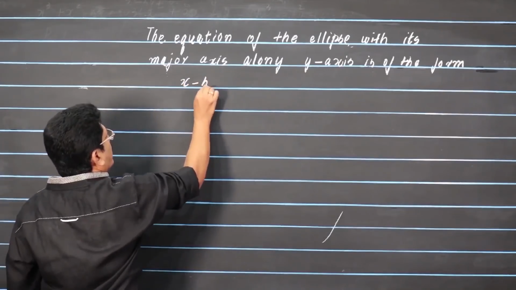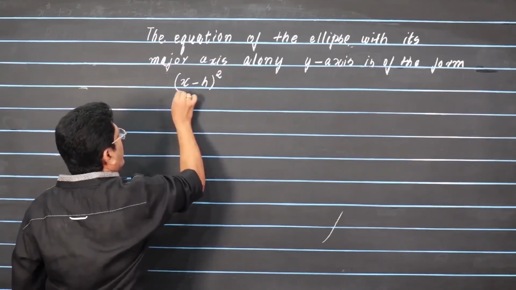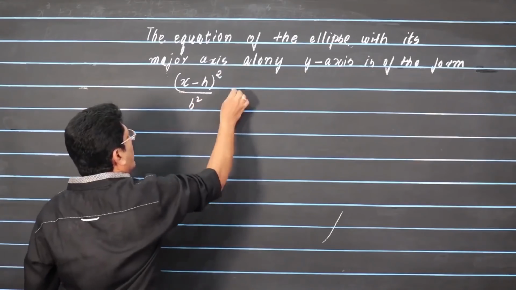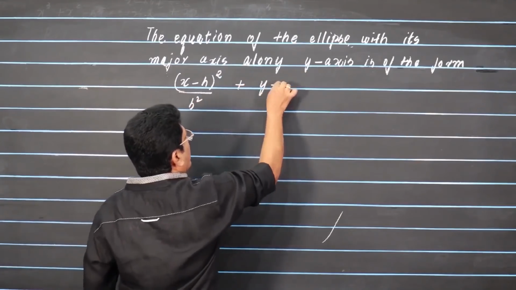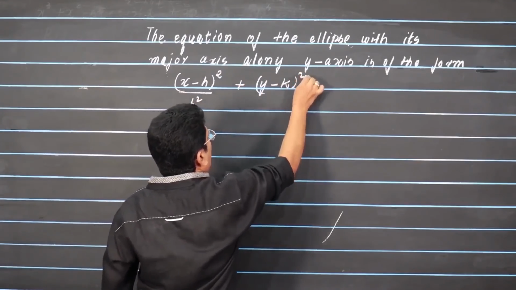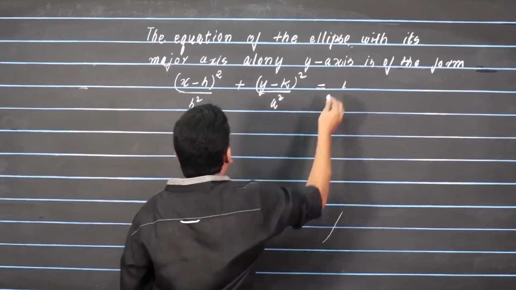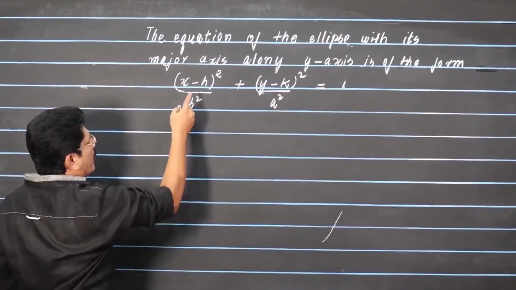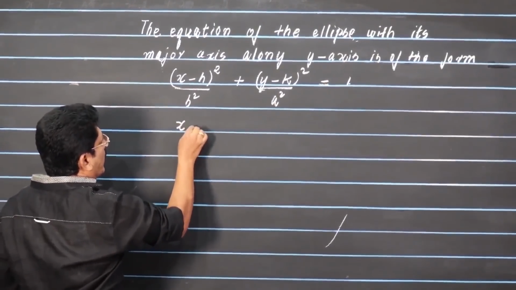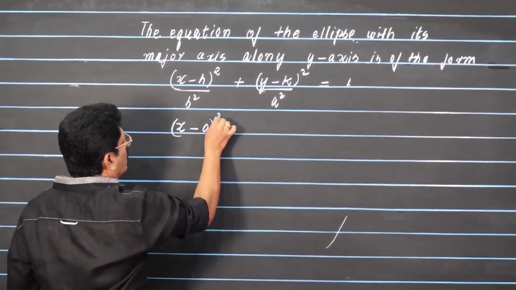The equation is x minus h the whole square by b square plus y minus k the whole square by a square equal to 1. The value of h is equal to 0. X minus 0 the whole square.